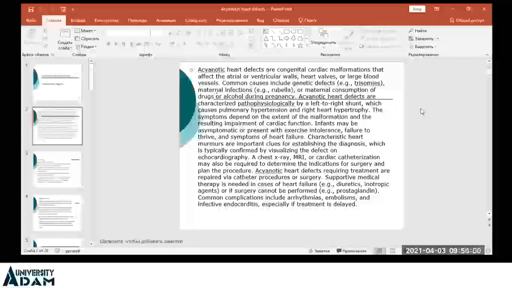Characteristic heart murmurs are important clues for establishing the diagnosis, which is typically confirmed by visualizing the defect on echocardiography. Heart murmurs you can hear if the size of the defect is very small. If defect size is large, you can't hear heart murmurs with stethoscope.